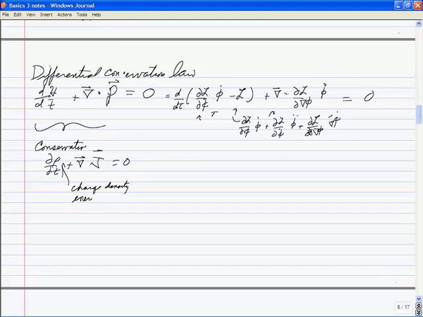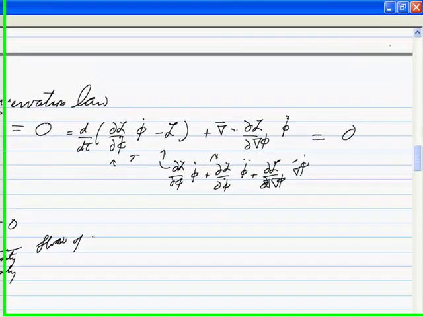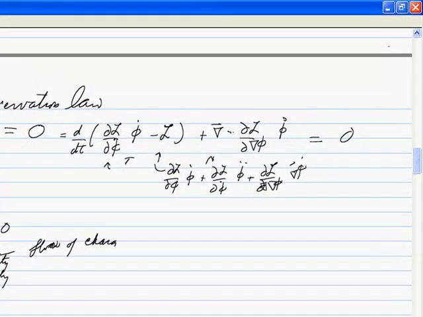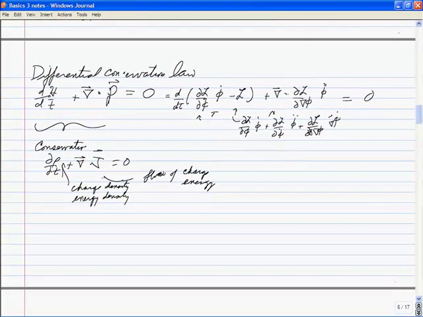Here it's the energy density, and J is the flow of charge, or in our case, energy. So these things all tie together. There's a differential law that goes with them.